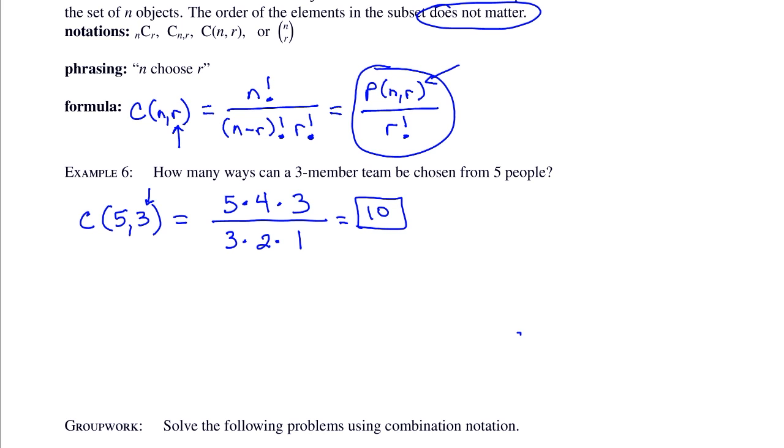Let me show you an example on the chalkboard that I've used in the past. Suppose we start with the letters A, B, C, and D, and I want to form all 2-letter subsets. First, let's do it with order. We could have AB and BA.